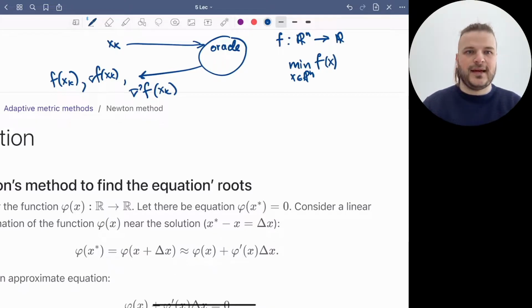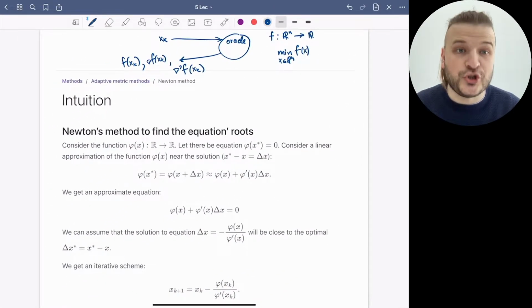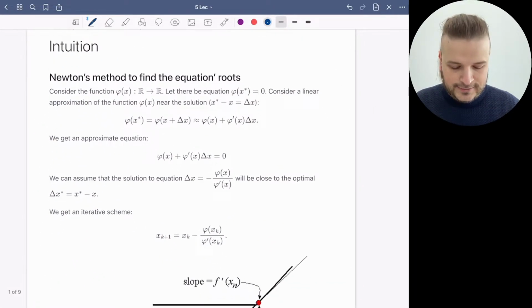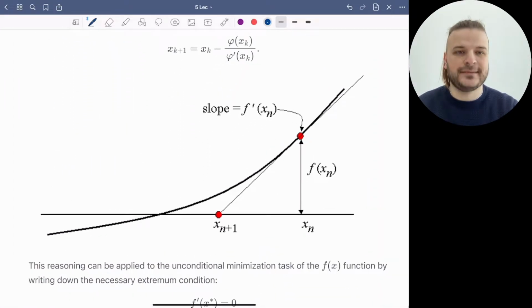And as I said, the classic example of this method is the Newton method, and we'll start with the intuition behind the Newton method. Geometrically speaking, it can be viewed as follows, and it can be derived from the problem of finding roots of a scalar function.